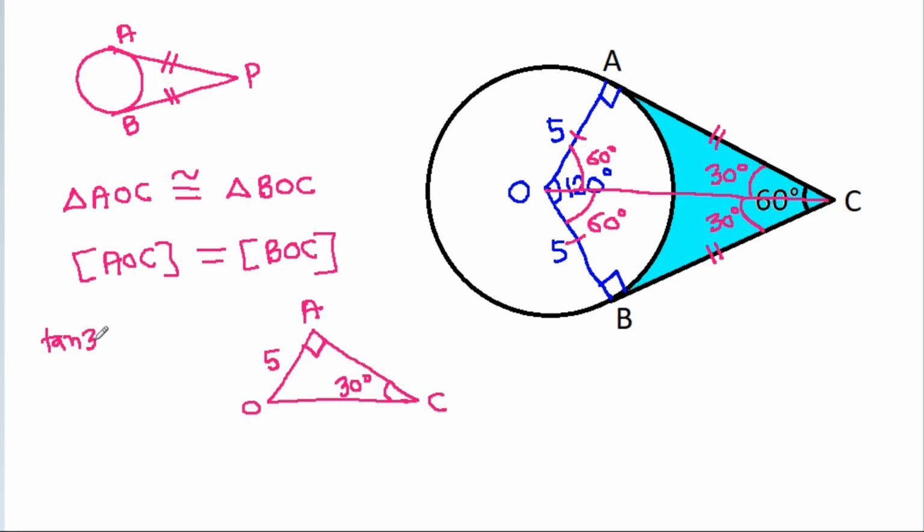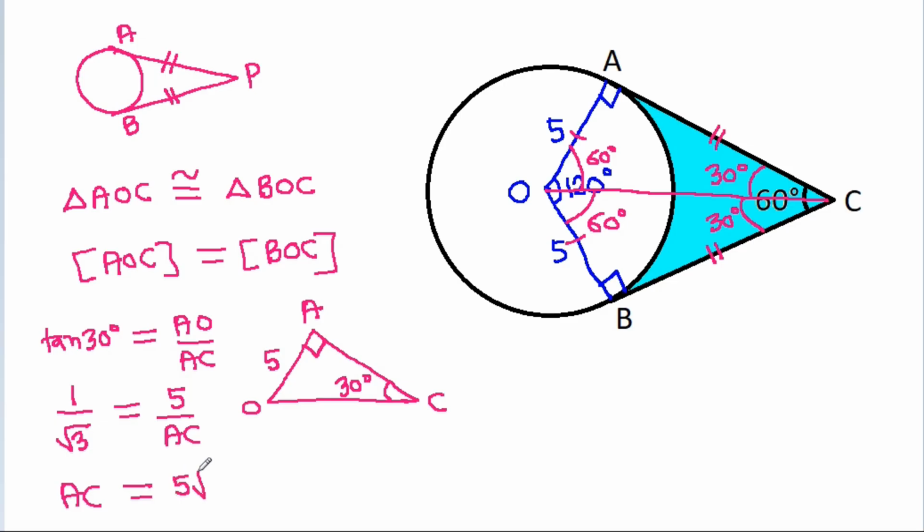So tan 30 degrees will be equal to AO by AC. And tan 30 degrees is 1 by square root of 3. It is equal to 5 by AC. So AC will be equal to 5 times square root of 3.